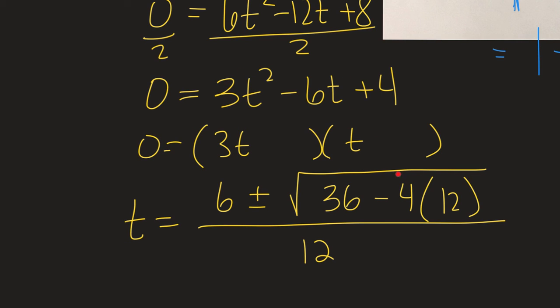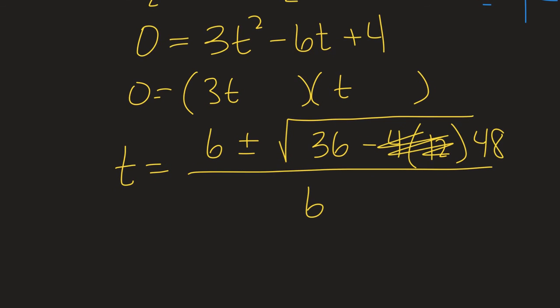So 3 times 4 is 12 over 2 times a, which is 6. Sorry, it's not 12, but rather 6 on the bottom. That's nasty. Okay, so looking in here, this becomes a 48. So 36 minus 48 is negative 12.